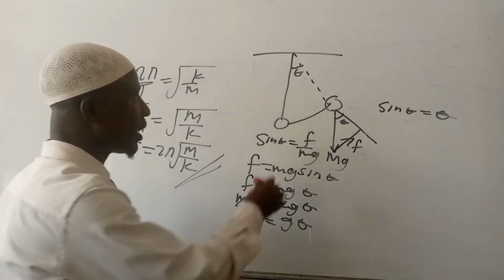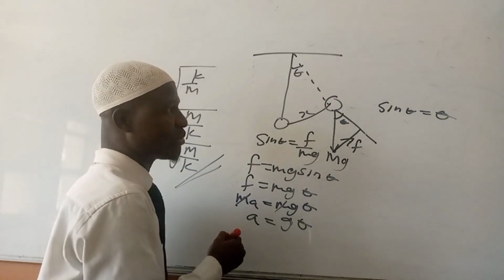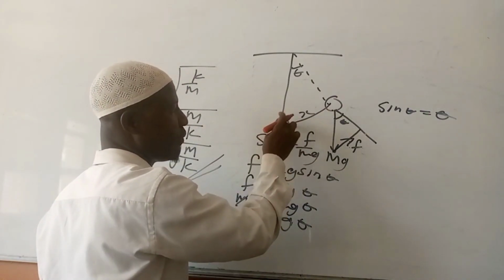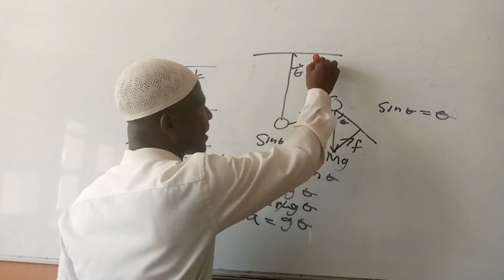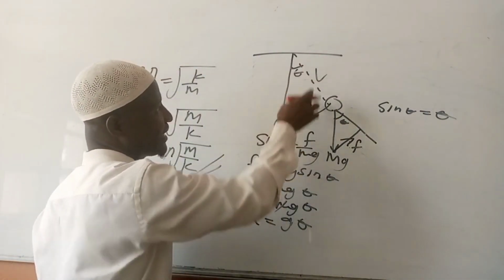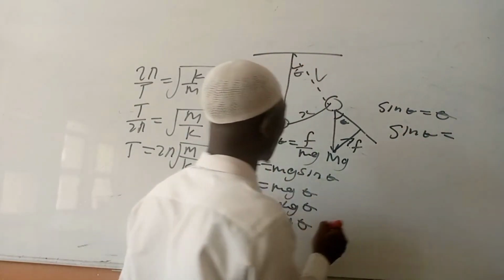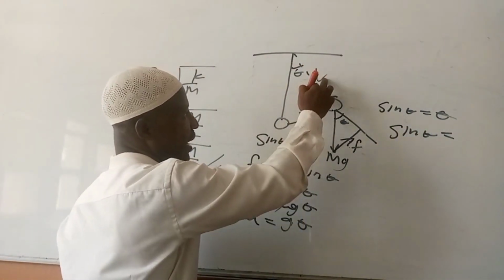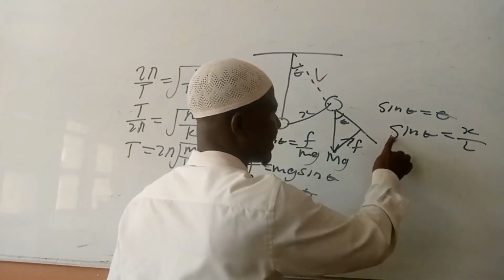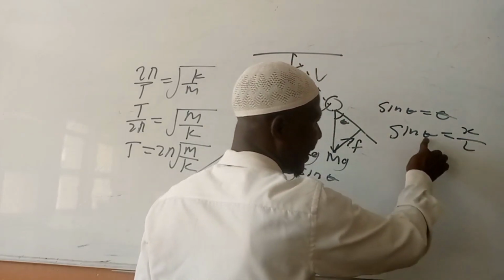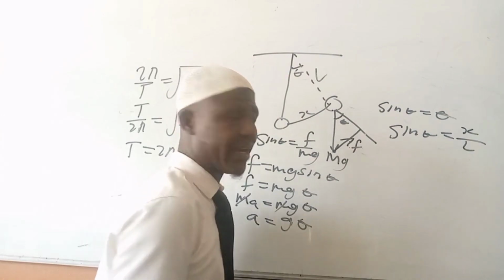Now, this place, this is x, the displacement of the bob from the midpoint or equilibrium point. Then this is L. Therefore, we have sine theta again. Sine theta is equal to x over the hypotenuse L. Sine theta is the same thing as theta when the angle is very small in radians.